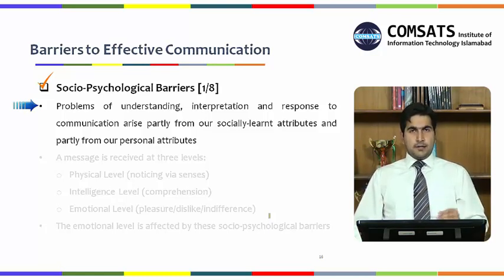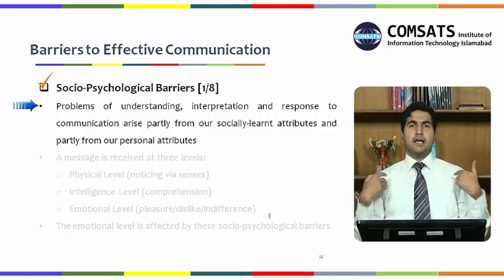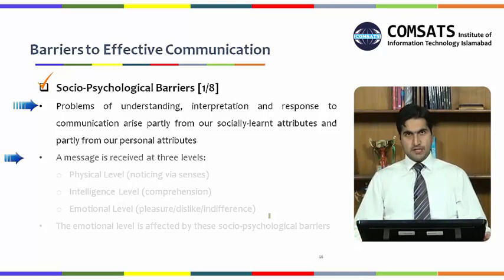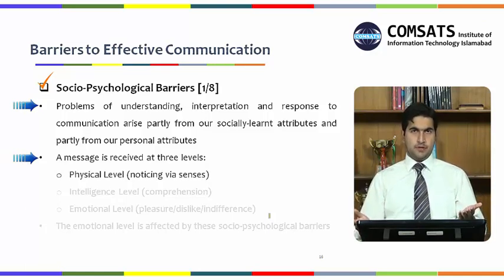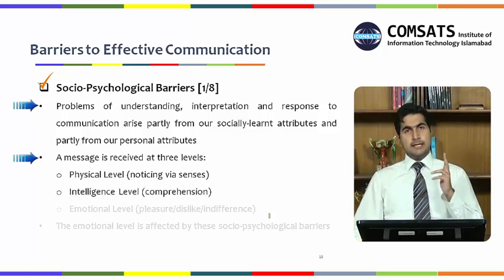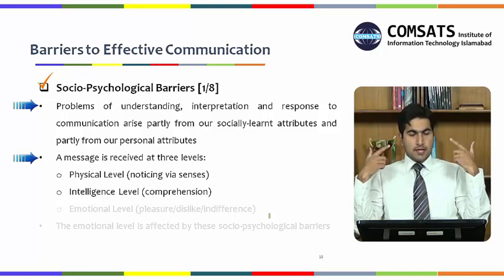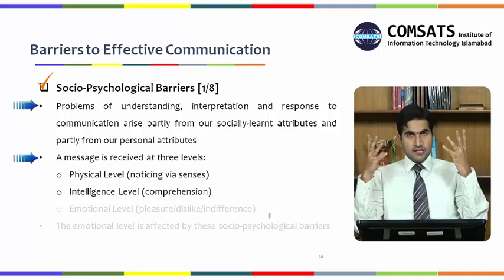Now, to understand it, first you need to understand how a message is basically received by an individual. If I have to receive a message, first I'll receive it physically through my senses, level 1. Level 2 would be the intelligence level, in which I'll start working within my brain after receiving the message to understand it.